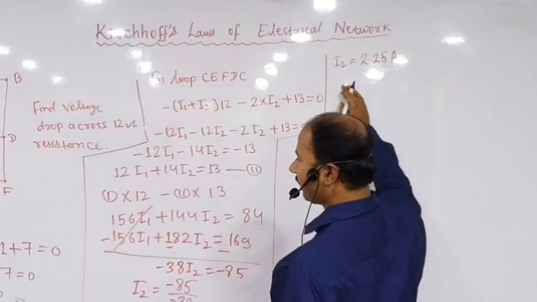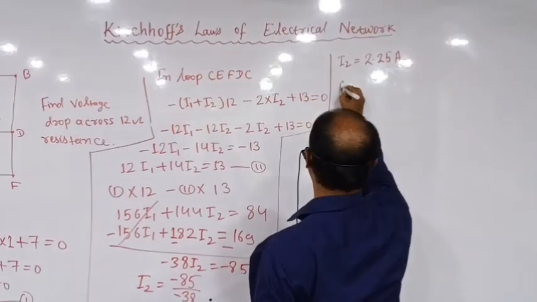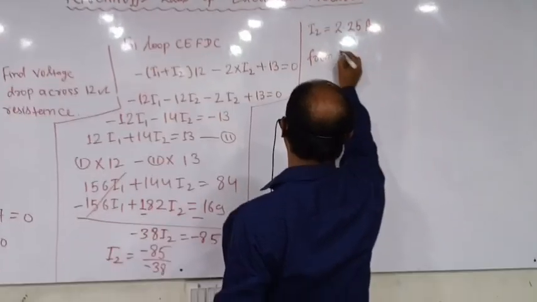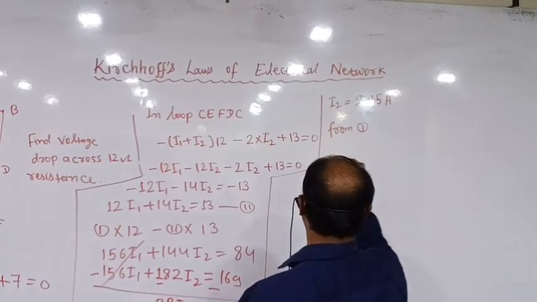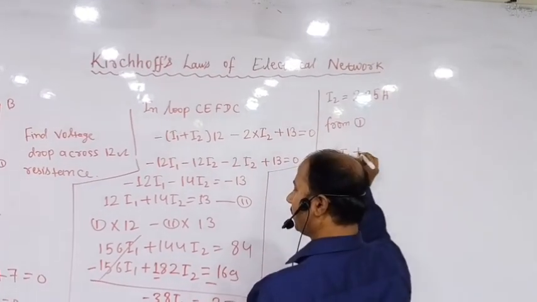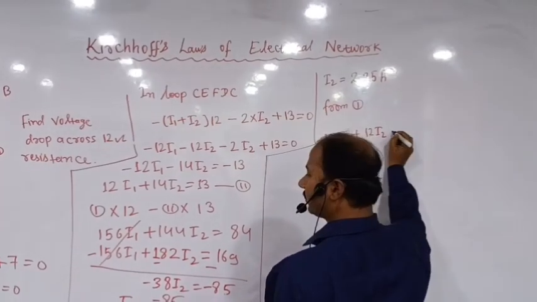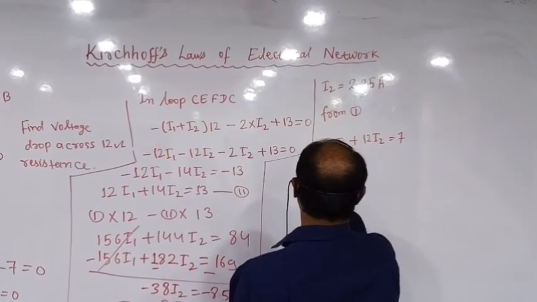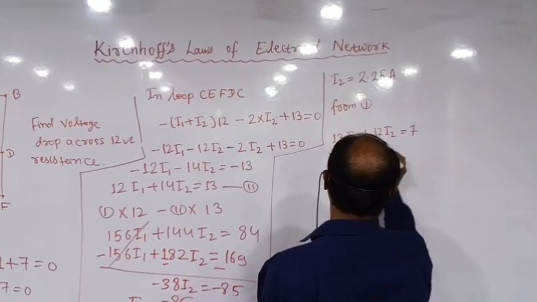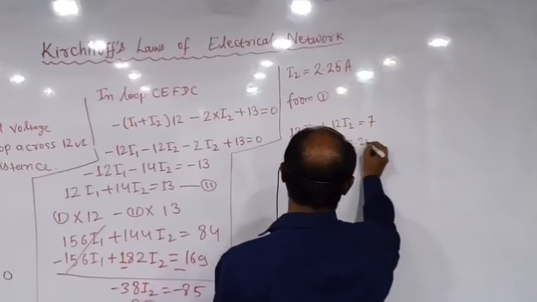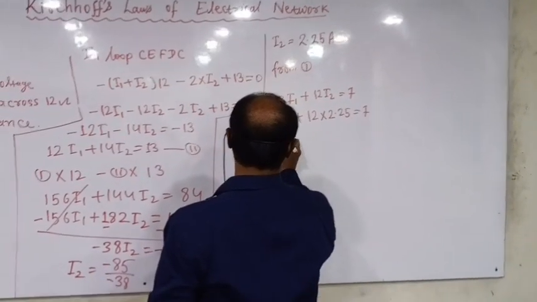Now we calculate the value of I1 from the first equation: 13 I1 plus 12 I2 equals 7. Therefore 13 I1 plus 12 into 2.25 equals 7.